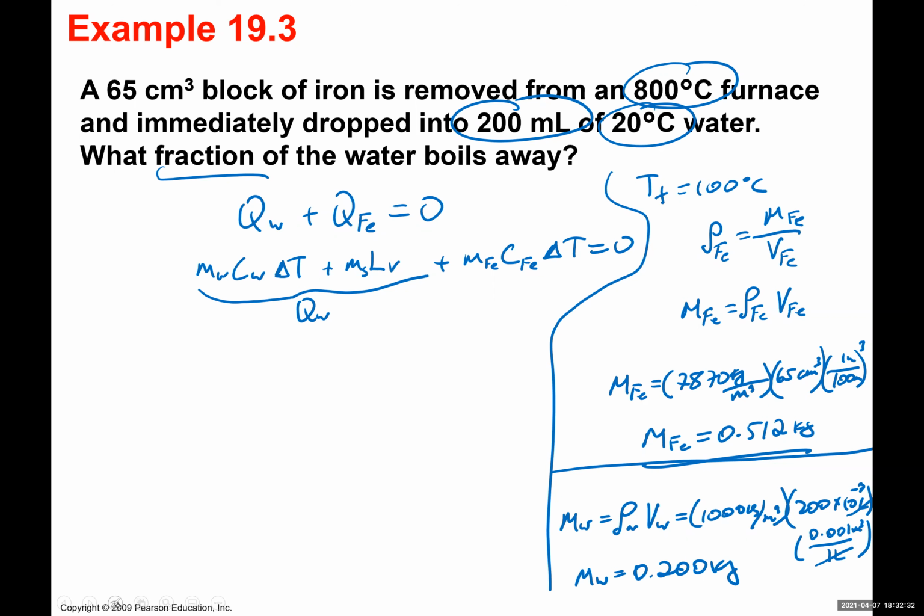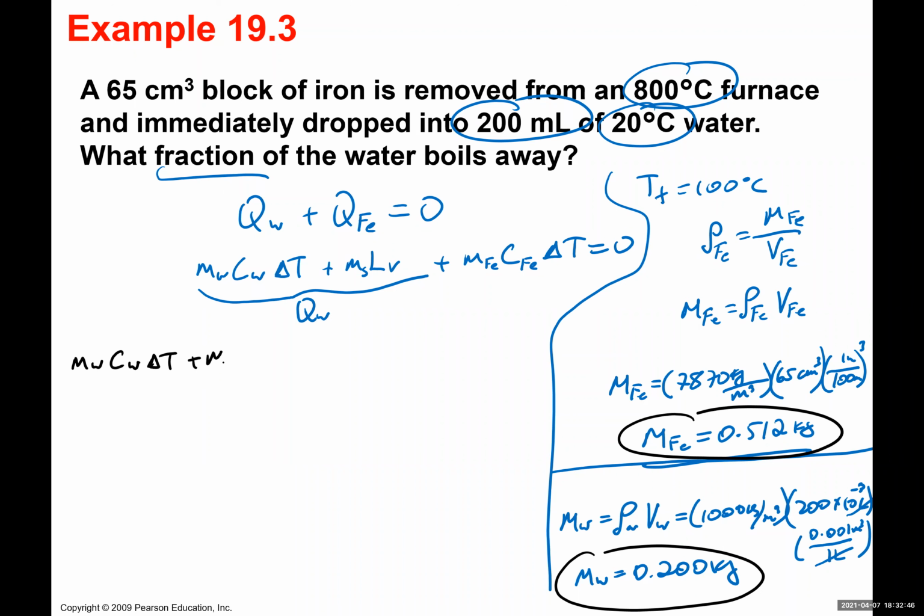That means now that I have mass of water and mass of the iron, those quantities can be used, because here I have mass of water, specific heat of water times delta T, plus mass of the steam times LV, plus mass of the iron, specific heat of iron times delta T, equals 0. And then just solve for this guy, remember.